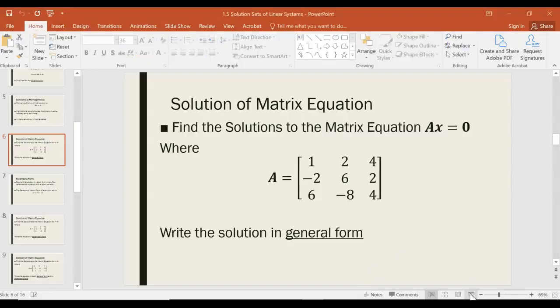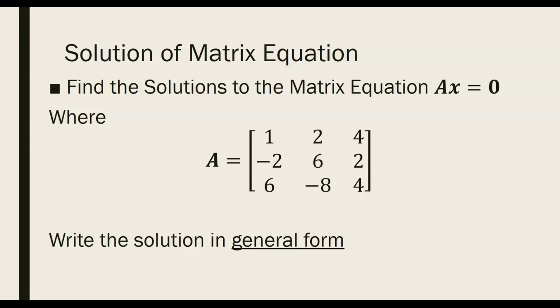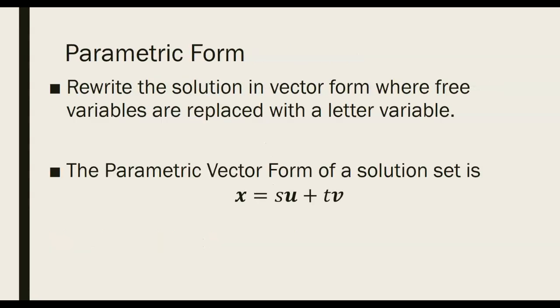Now, we're going to introduce a new way to write the solution to the matrix equation. We're going to go from listing out what each entry is to writing out a typical vector that would be the solution to that matrix equation.